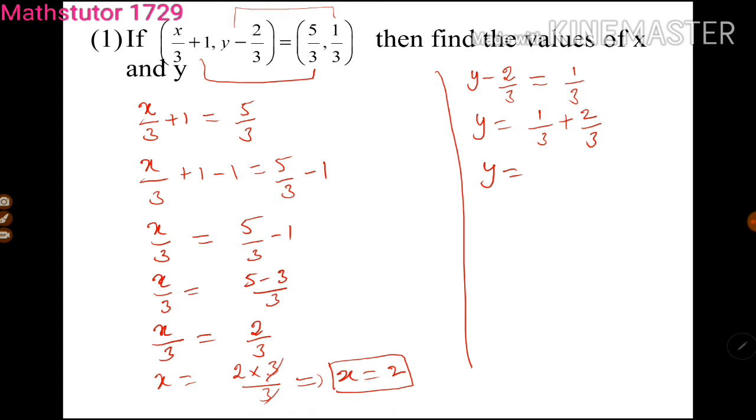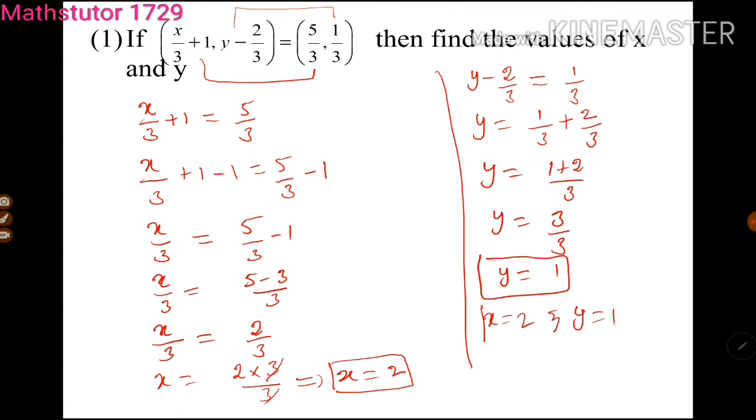When we add two fractions, if the denominators are equal, then the numerators should be added. So (1 + 2)/3, so y equals 3/3, so y equals 1. Therefore the values are x equals 2 and y equals 1. These are the required values.